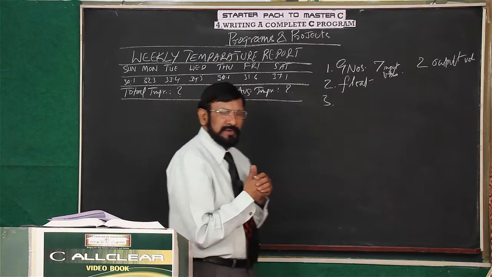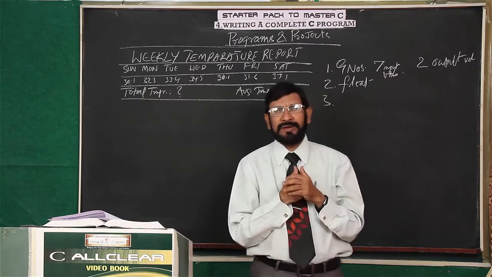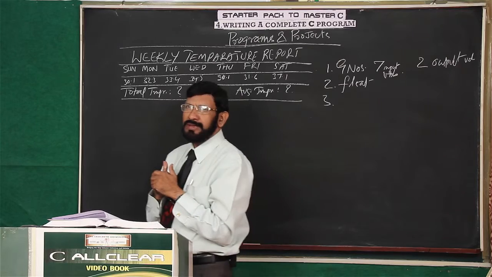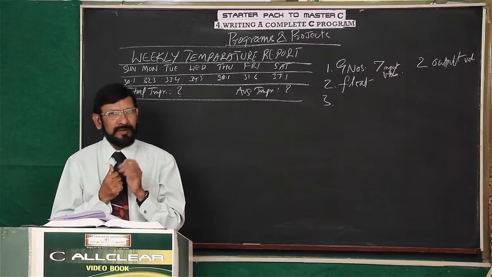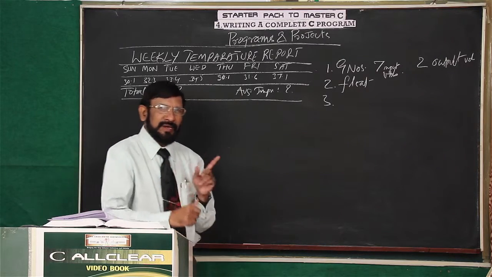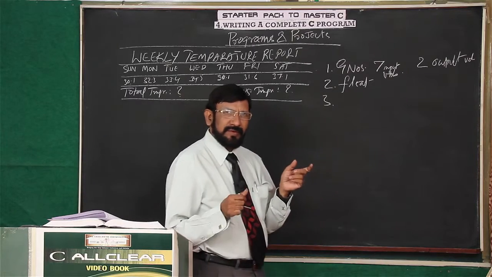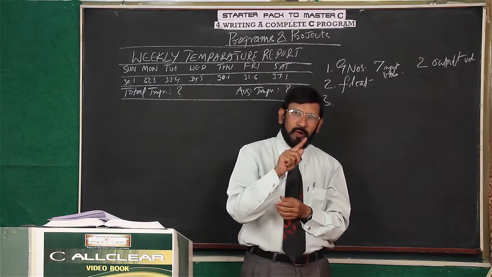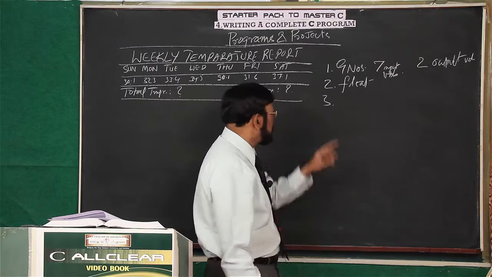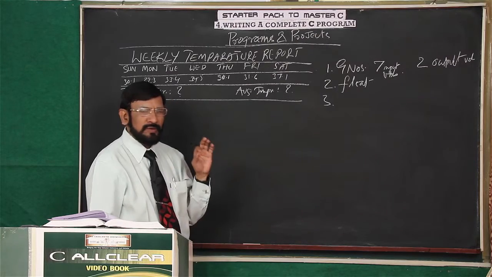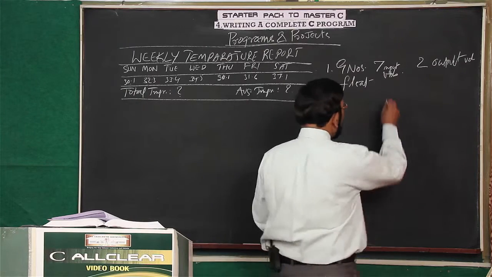Next, average temperature. How do you find it? Weekly total temperature divided by 7. Weekly total temperature is float, and the number of days, 7, is int. Float versus int, the result is float. So average temperature also you must declare as float.